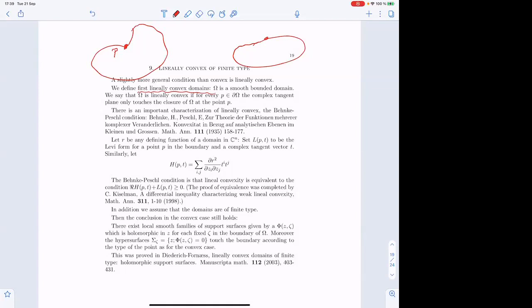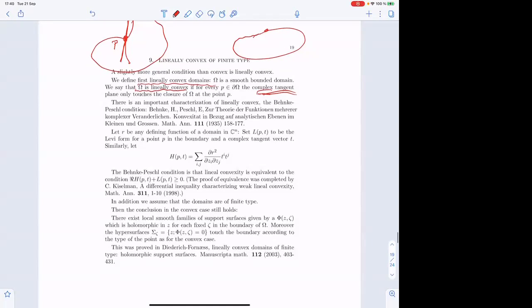The complex tangent plane only. The real tangent plane is a disaster because it will cut into the domain. But the complex tangent plane, which is complex codimension one, could touch only at the point P. So to think of it, this is the complex tangent plane. It sort of manages to stay outside. The domain in this direction is more like that. So that's the idea of being linearly convex.